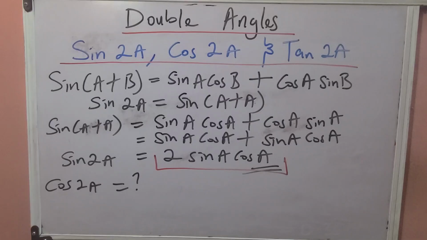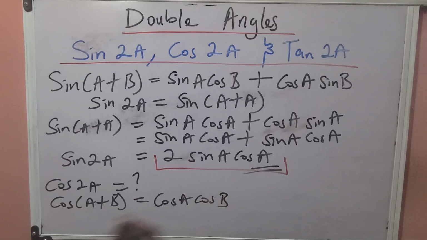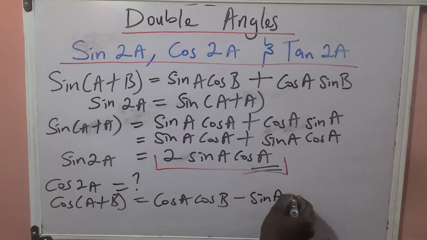Now don't forget that we have our compound angle for cos A plus B given as cos A cos B minus sine A sine B. This is from our previous video.